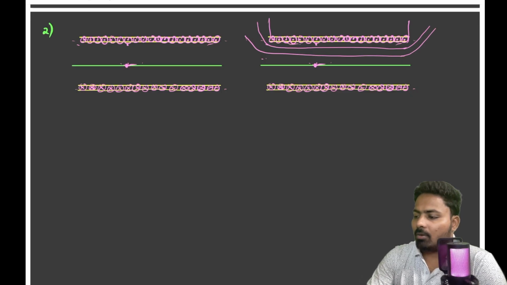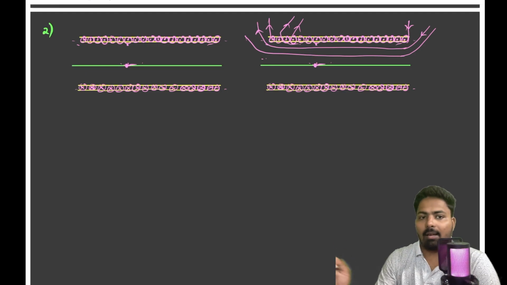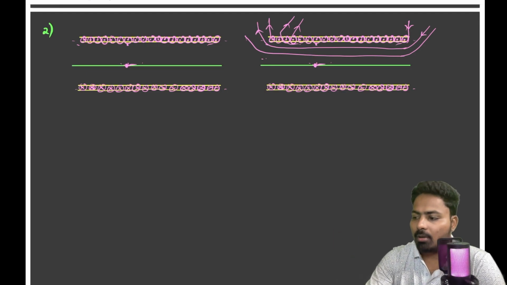Some field lines might go like this, and whatever field lines leave from here will enter again from this side, because magnetic field lines need to complete a full loop. Magnetic field lines always exist as closed loops.